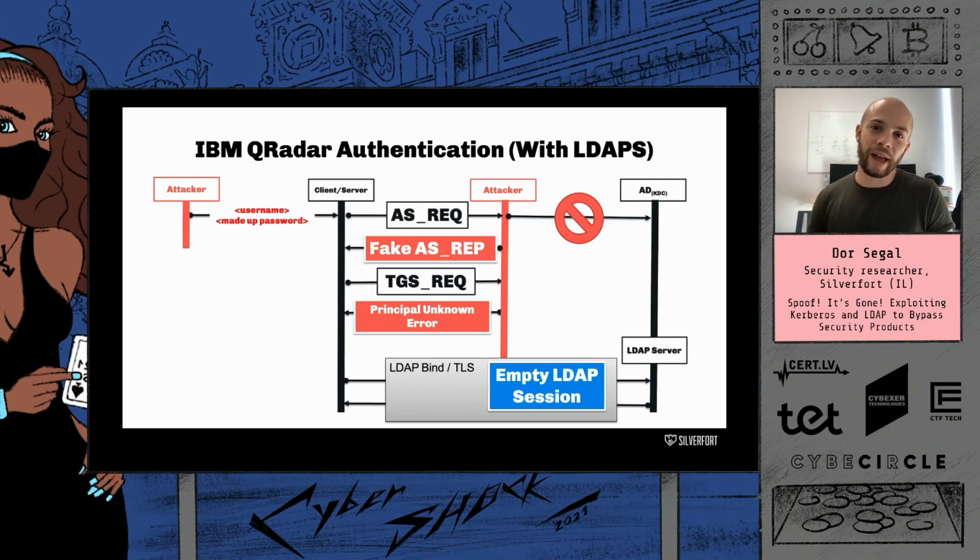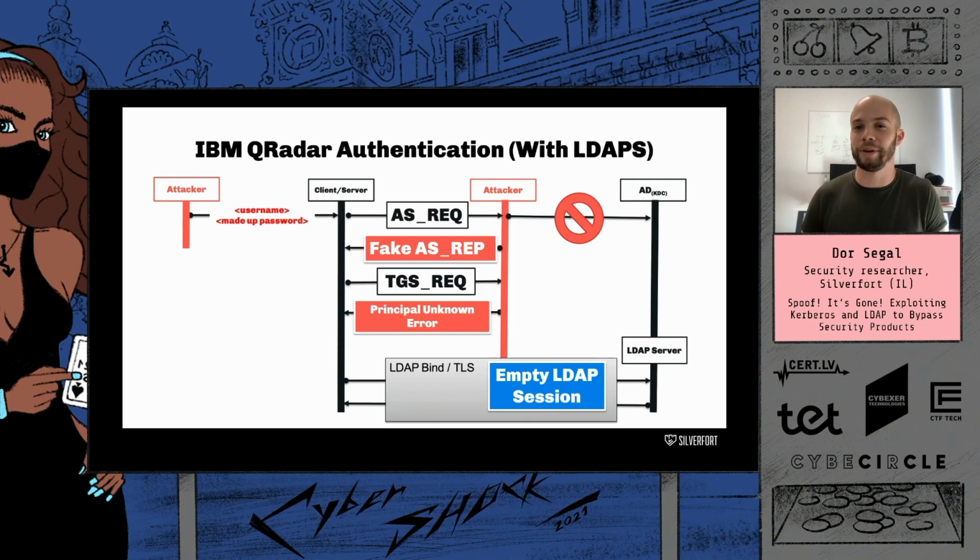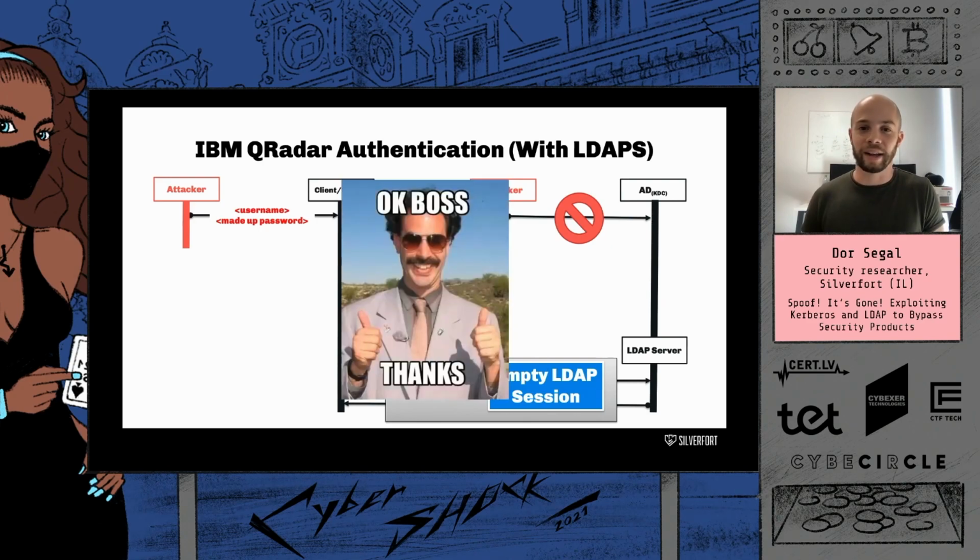So there was no actual LDAP session, and the authentication was still successful. So instead of just spoofing the LDAP server, let's just return the principal unknown error. And again, we successfully exploited the Curator.